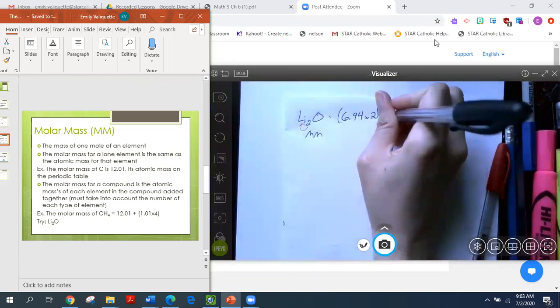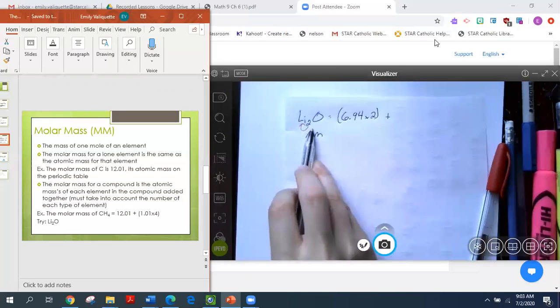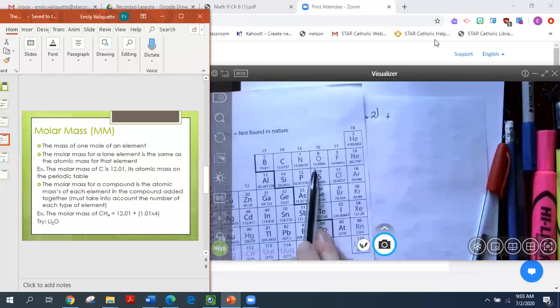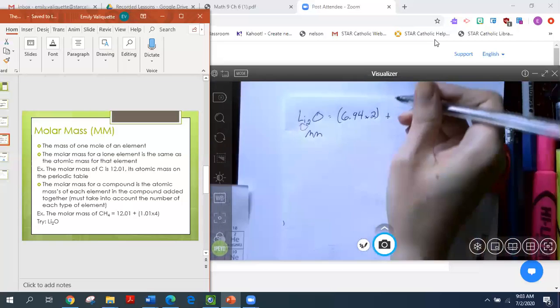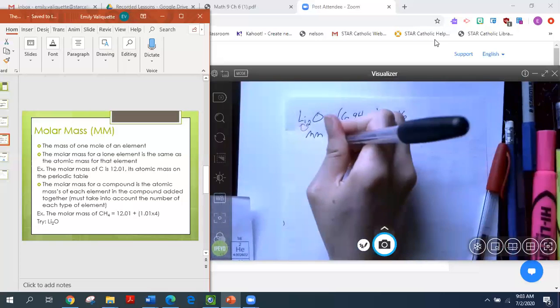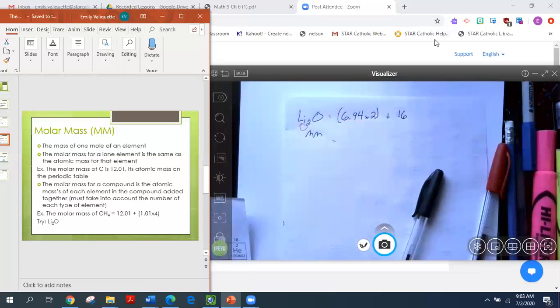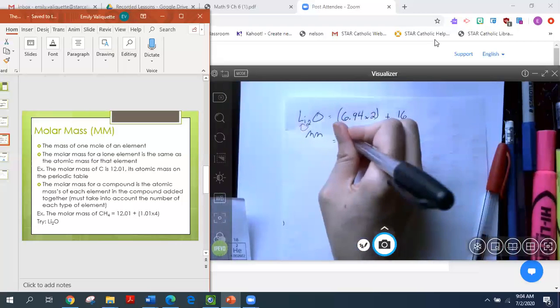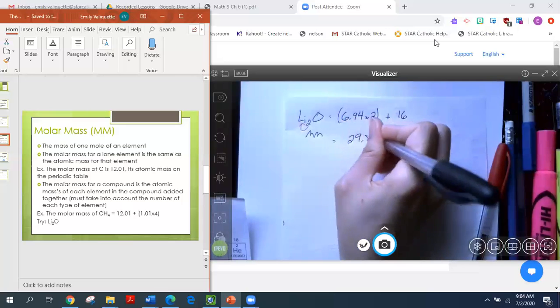And then we will add that to our oxygen, which has an atomic mass of 15.999. We can round that up to 16. And so all we're going to do is solve that. 6.94 times 2 is 13.88, and we add the 16 to get 29.88.